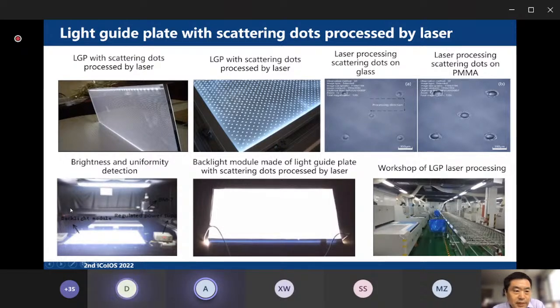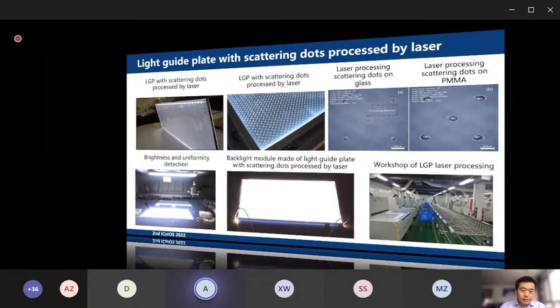This is the light guide plate, which has micro scattering dots processed on the surface by laser. And then this is the brightness uniformity detection, and this is the backlight module made by a light guide plate with scattering dots processed by a laser. And the last figure is the workshop of LGP processing. So please next.